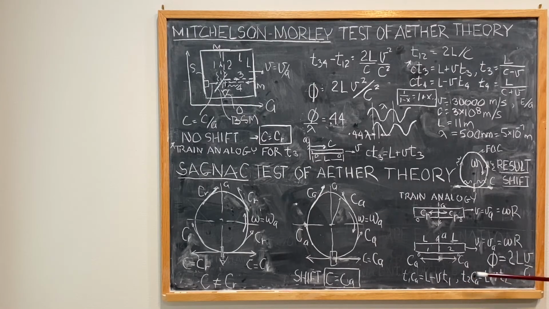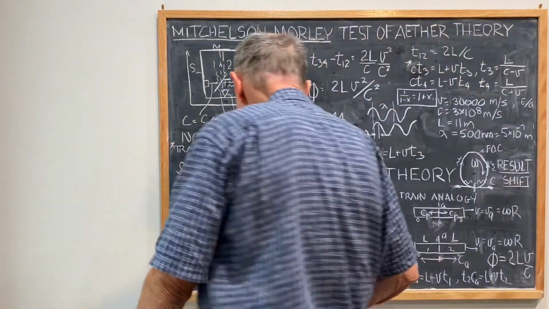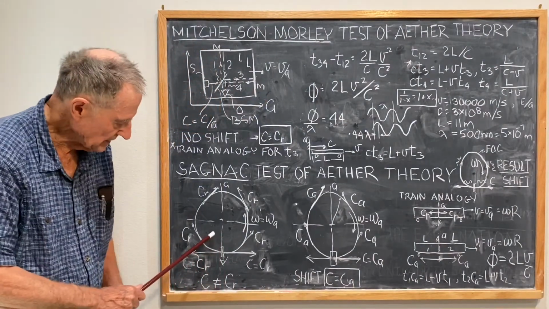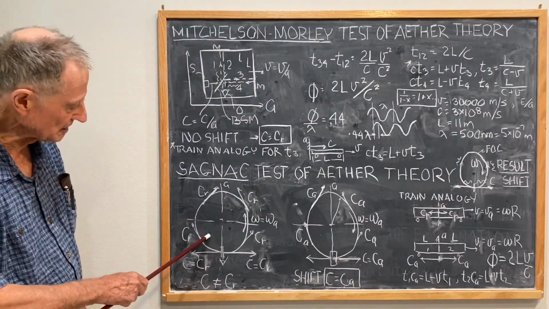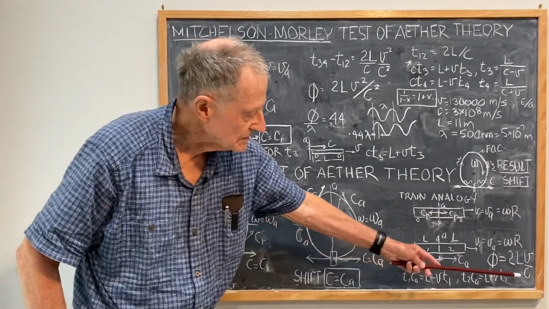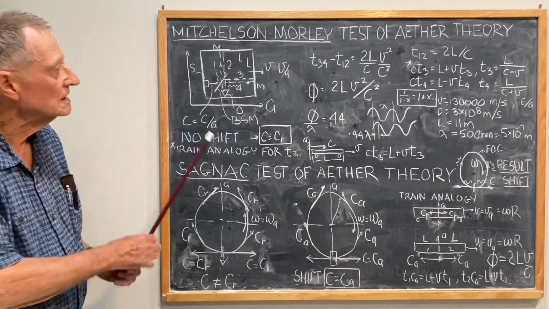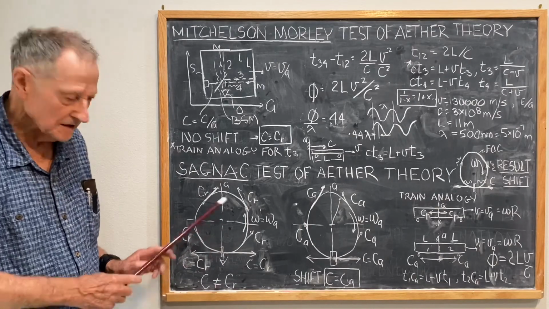And if you solve these equations, you come up with the formula phi is equal to 2LV over c, which is the classic result for the Sagnac experiment, where L is the circumference, of course. However, it turns out that this classic analysis is incorrect, and that indeed this does explain this result. And that is the whole point of this video. And this was the background.